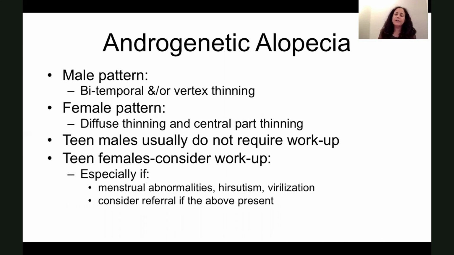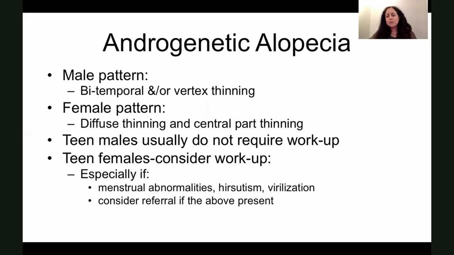The male pattern in children is typical to the adult pattern, which is vertex thinning and bitemporal thinning, and female pattern in teens when this happens is again similar to the adult female version, which tends to be thinning centered around the central part. Teen males, if they've already started puberty, don't usually require a workup.